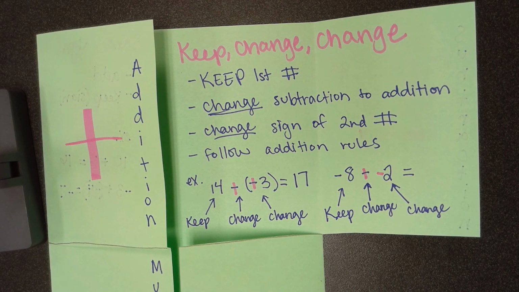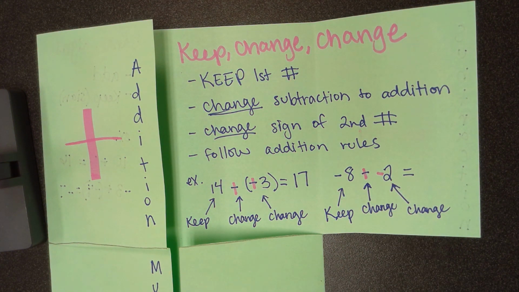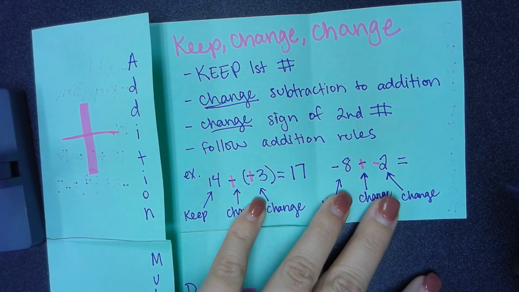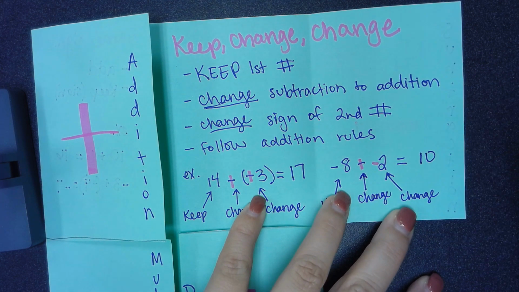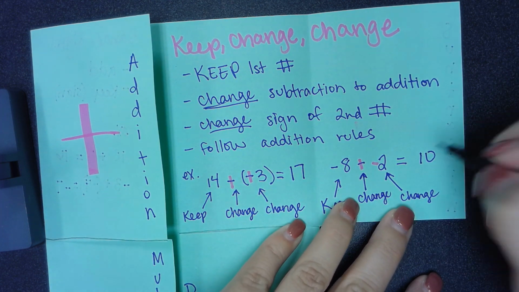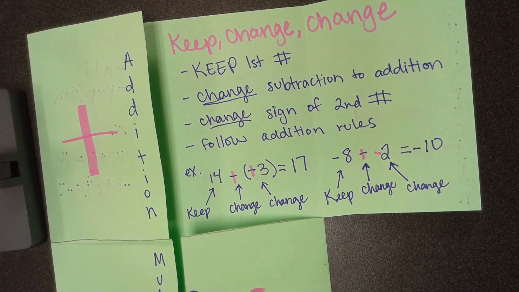So if we went back to our addition rules, this is going to be an addition problem with same signs, right? So now I have -8 and -2. Well, we know that our rule is same signs, add and keep. So I'm going to add 8 and 2, that's 10, and I keep the negative sign from both of those numbers. So I now have a -10 for my answer.